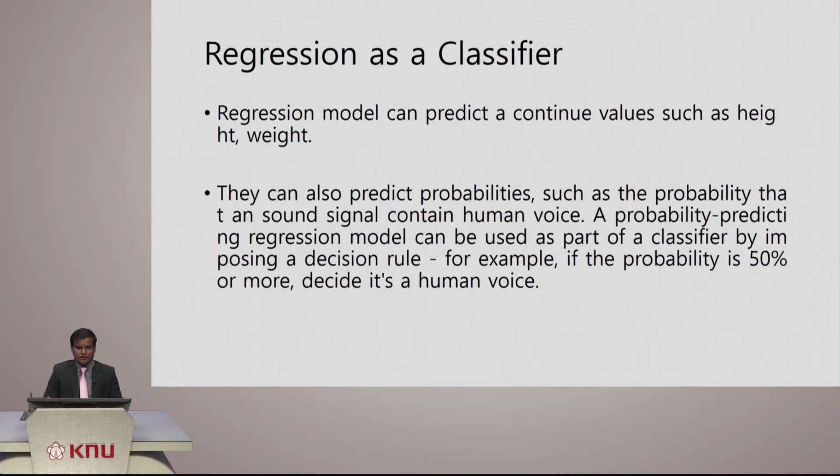For example, if you have a sound signal that contains human voice, based on probability, just by using certain regression models, you can actually predict whether this sound is a human voice or not, just by looking at certain aspects.